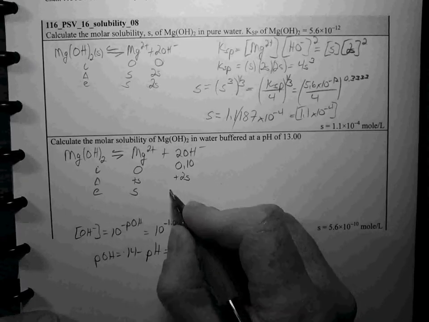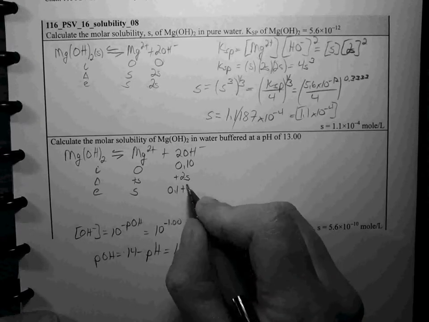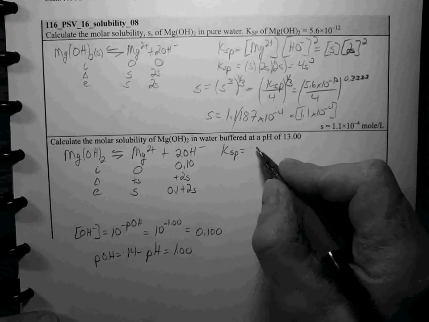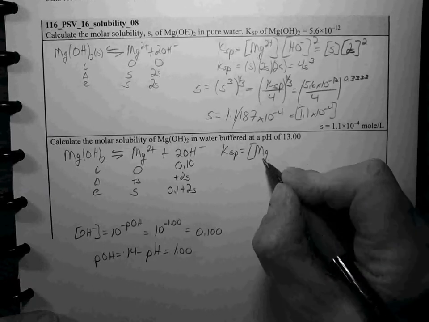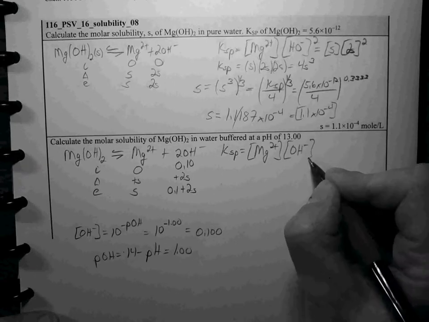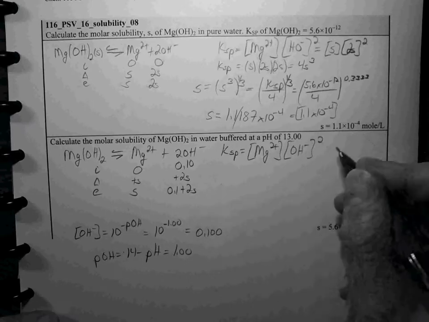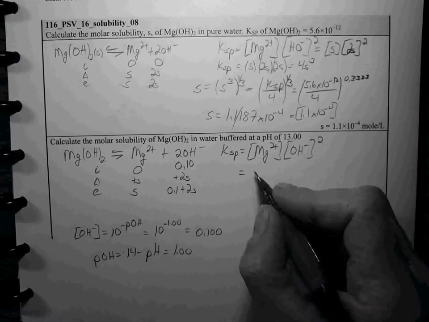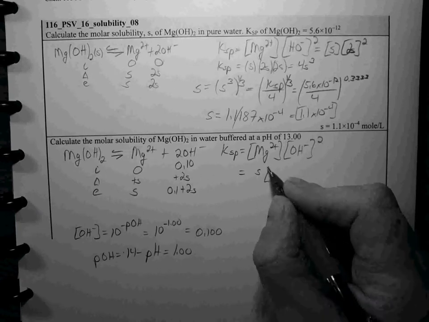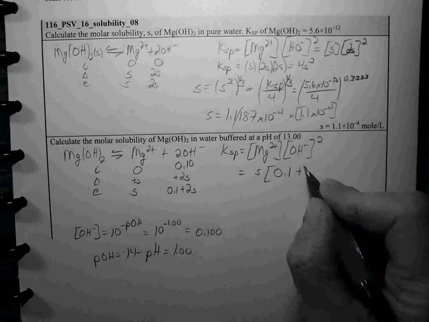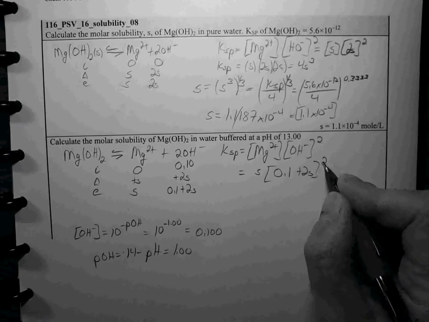So this is S, 0.1 plus 2S. Right, so that equals S times 0.10 plus 2S quantity squared.